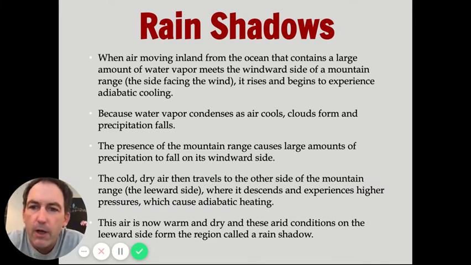Okay, and one of the final concepts is this idea of rain shadows and driving biome formation. As we live in California with a series of mountain ranges, as you move away from the coast, we have a number of different rain shadows, really all along the west coast of the United States. And what happens is, as these air masses come in off the Pacific Ocean, or really off of any ocean, they're carrying a fair amount of moisture and water vapor.